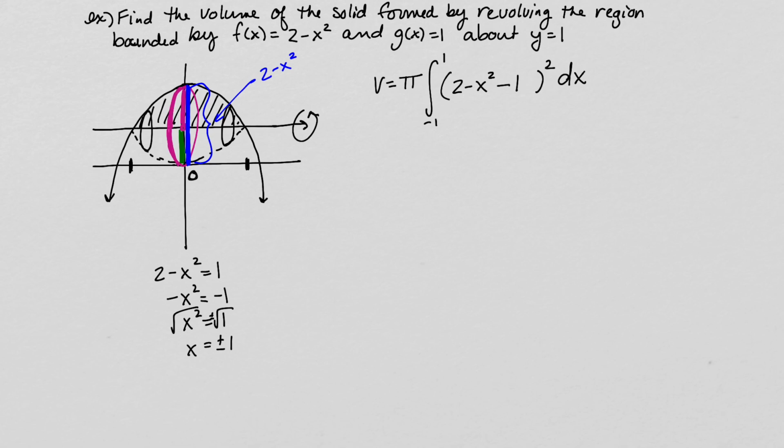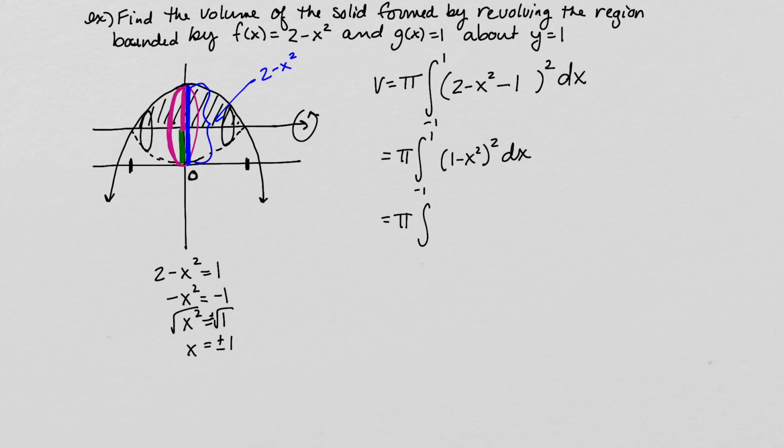So now there's nothing left to do except to integrate this stuff. So I've got pi, and we've got from -1 to 1. If I simplify the stuff inside there, this is the same as 1 minus x squared, all squared dx. There's no real way around this. You have to actually just square that 1 minus x squared out.